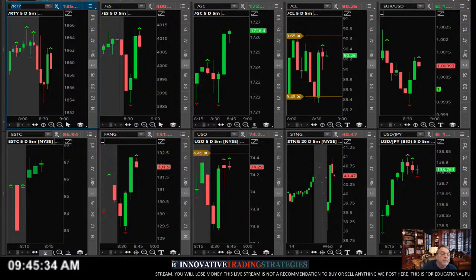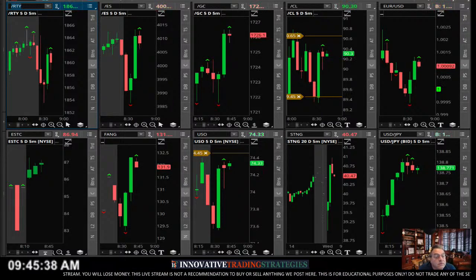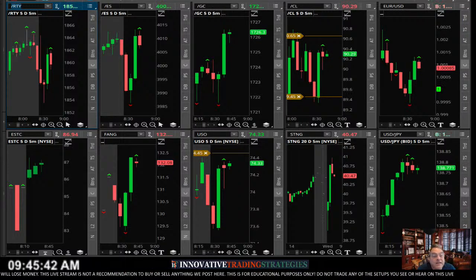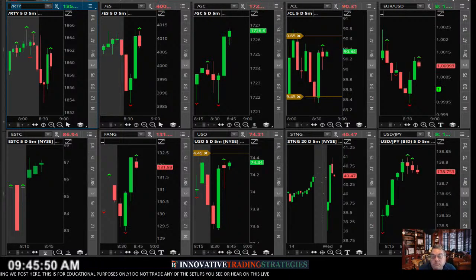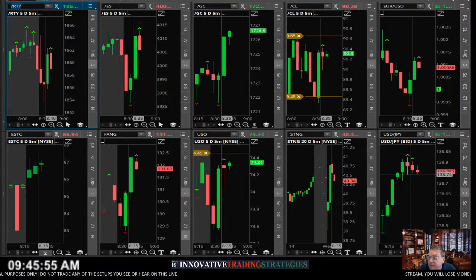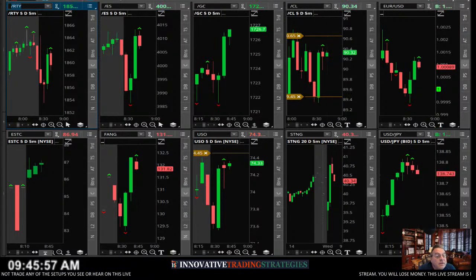Prefer to see a pullback come down closer to 73. 138.73 would be, I don't want to chase it, I'd rather get in around 138.73. I think we'll get that pullback in here, and then we can get in and buy in around that 138.73 level.